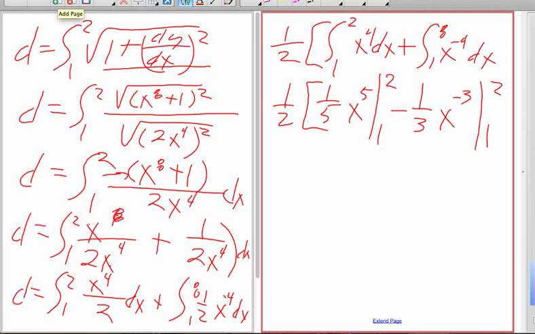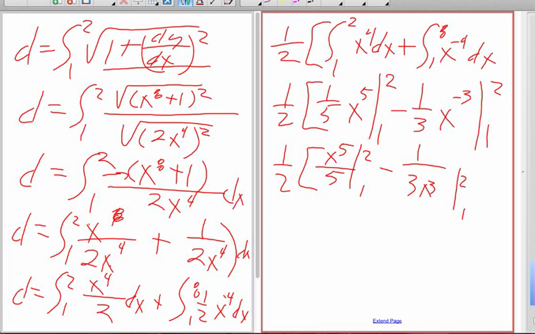Or it's going to be 1/2 times x to the fifth over 5 evaluated from 1 to 2 minus 1 over 3x cubed evaluated from 1 to 2. And I'm not actually going to go in and do all of that, but at this point you should be able to plug all of these things in and get your answer.